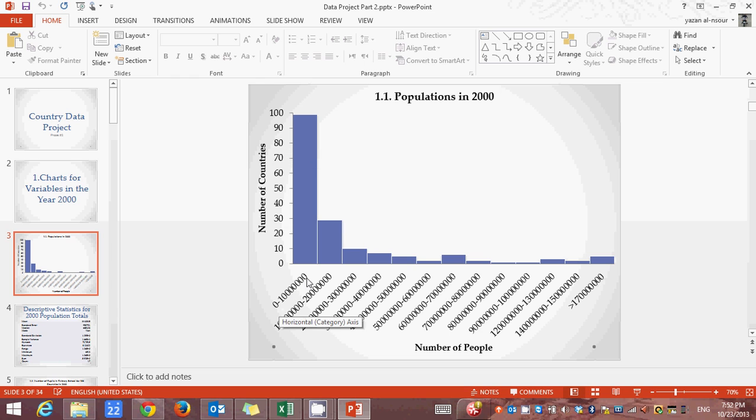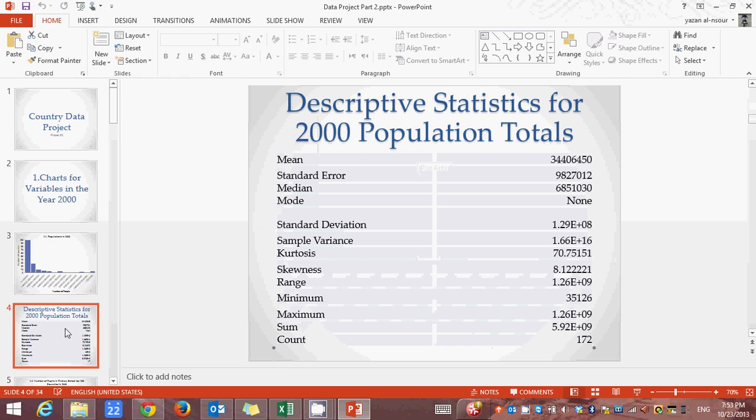I think this is 1, 2, 3, 4, 5, 6, 7, so like 10 million. From 0 to 10 million, there are almost 98 countries. And then with larger populations, there are fewer countries, and so on. The total of the countries should be 150.